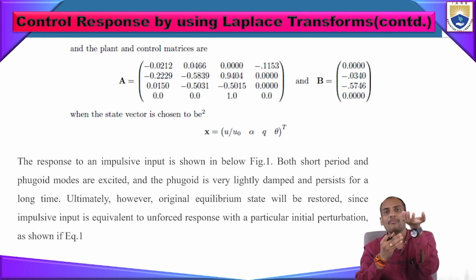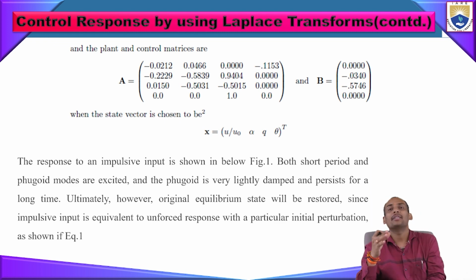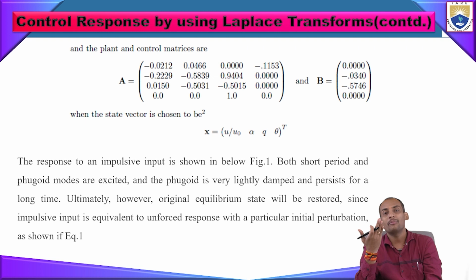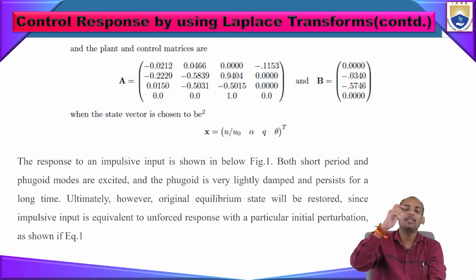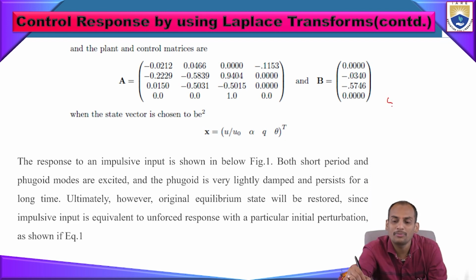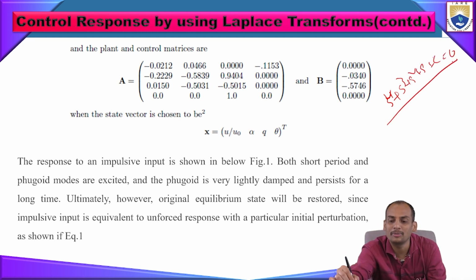Here you see, for the solution of this matrix, we have explained two types of approximation: the short period approximation and the phugoid approximation. By solving this equation we will get an equation in terms of the Laplace transform, maybe like s power 4 plus s cube plus s square plus s plus a constant equal to 0. Sometimes we get a big equation.